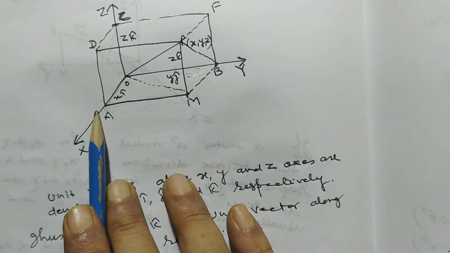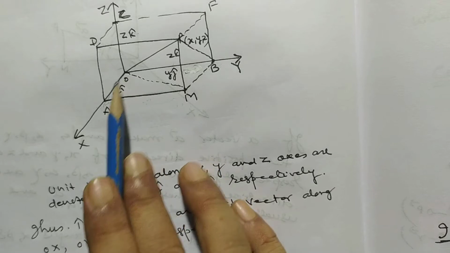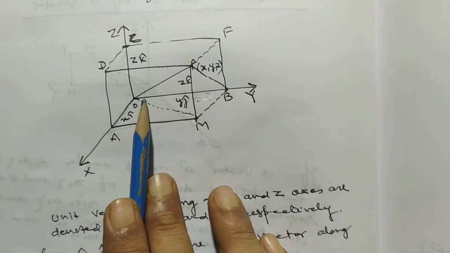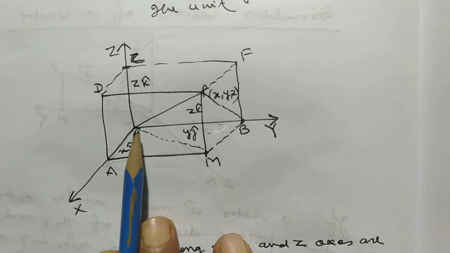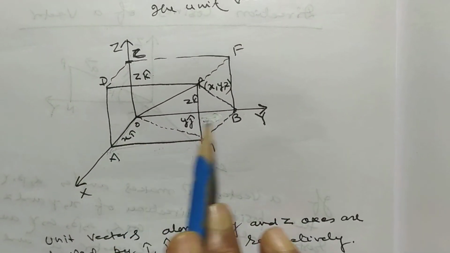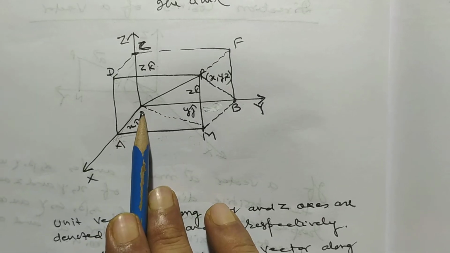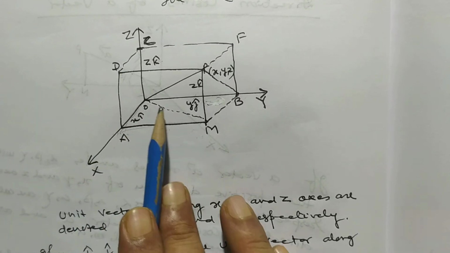So, vector R is equal to x i. Here x is the magnitude, OA is the magnitude, and i is the unit vector which is directed along the x-axis.